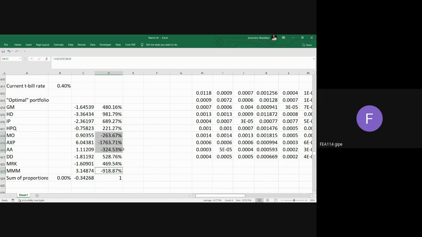So you should not find this very unusual, because in the market, even if you have 100 crore of portfolio, portfolio managers borrow from the market 300 or 400, and then they have this portfolio. So it's possible.